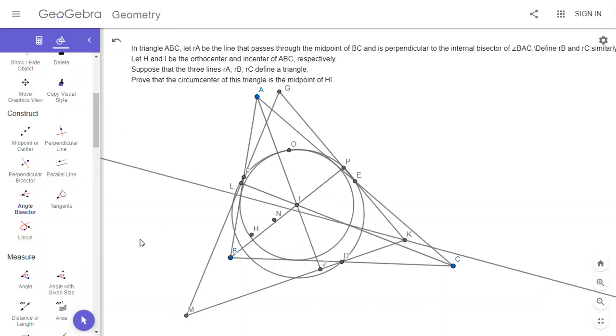Isn't it the orthocenter? I don't think so, because if you drop a perpendicular from M to GK, it doesn't pass through I. It's not the circumcenter too, and it's not the centroid. Yeah, but maybe we can still say something about it.